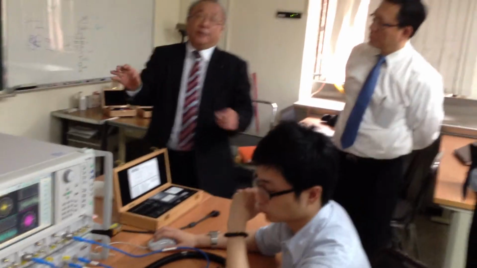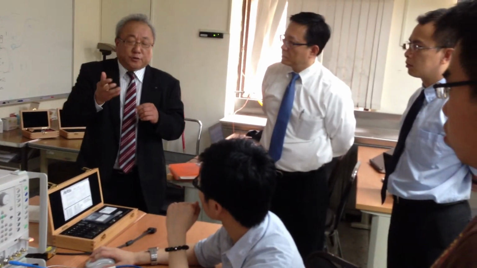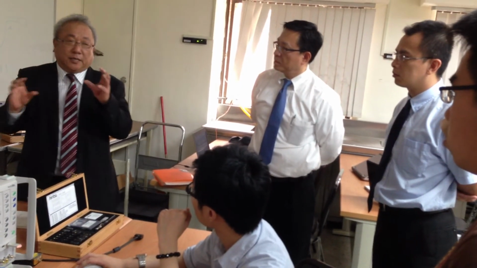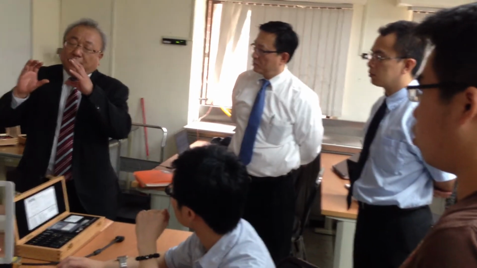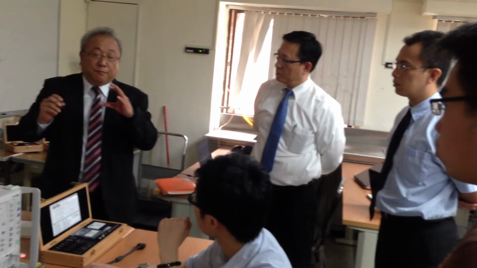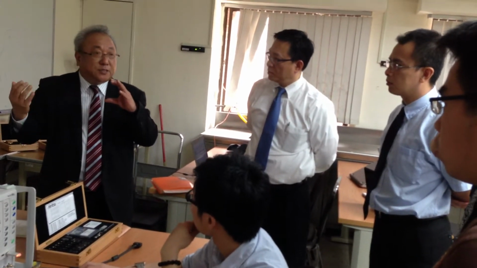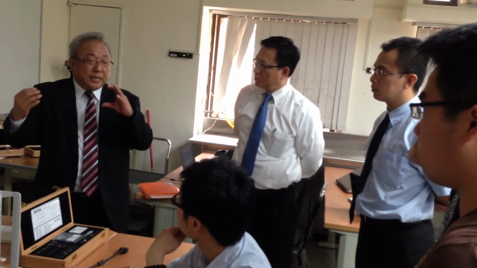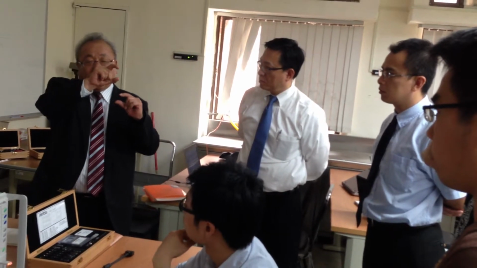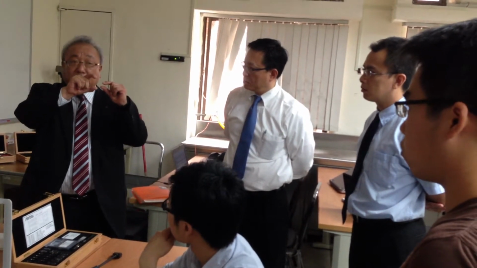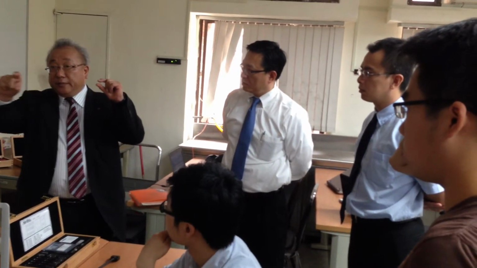You can use it in two ways. One is to check the uncertainty of the noise figure measurement value. You put in the gain and the impedance matching of the DUT, then it calculates the uncertainty.